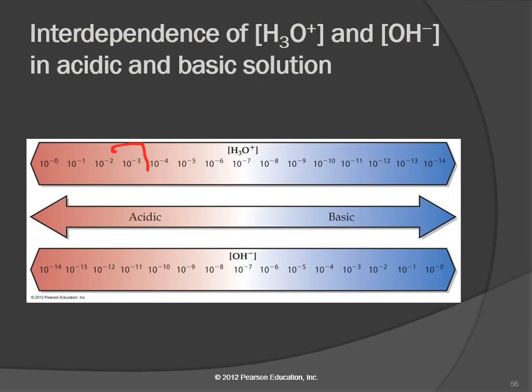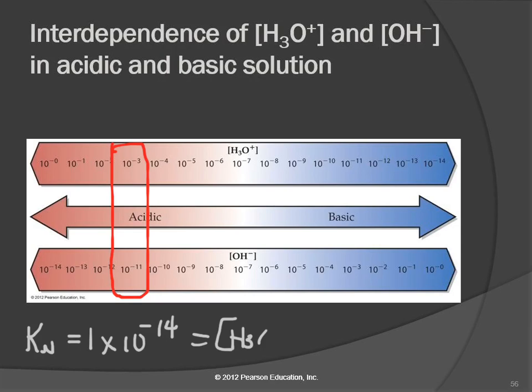So let's just pick one of these. And let's just pick that one point there. So Kw equals 1 times 10 to the minus 14, and that equals hydronium times hydroxide concentrations.